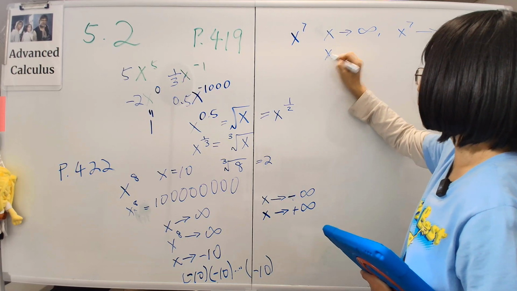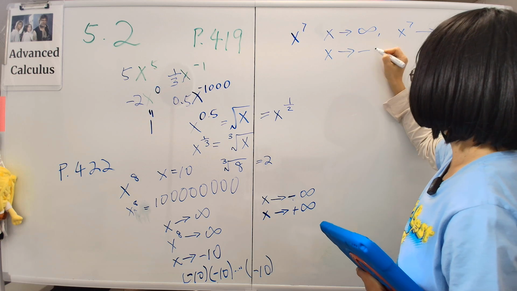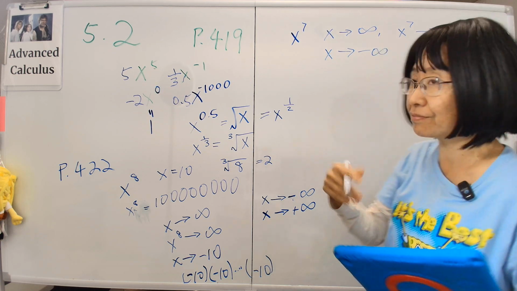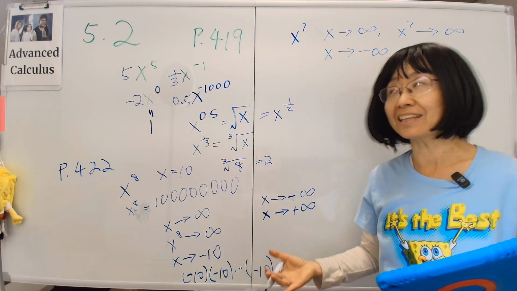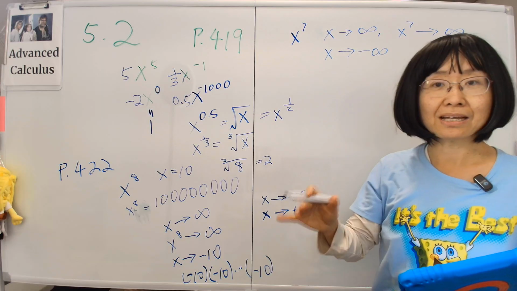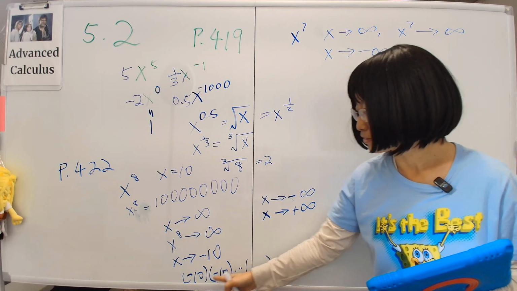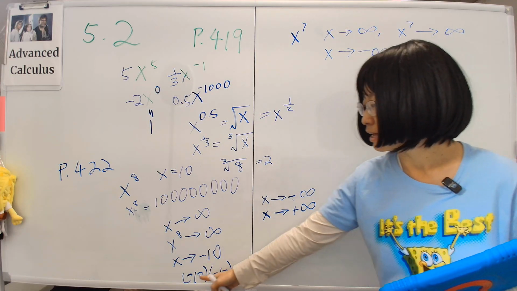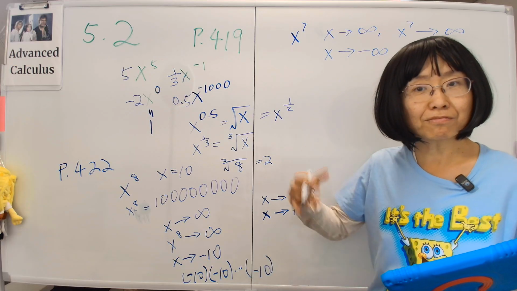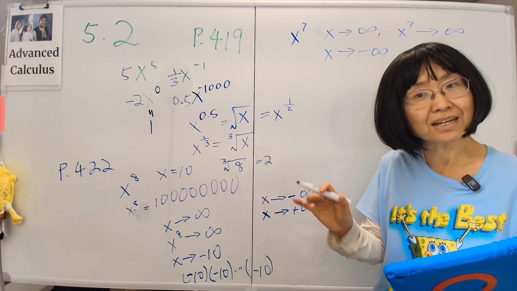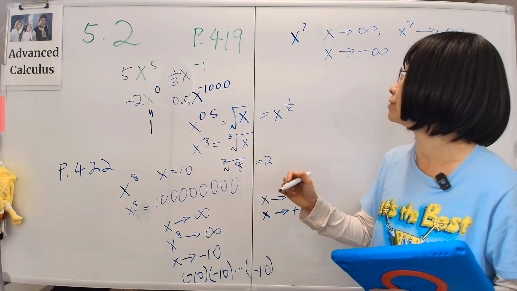But the question is, what happens when x becomes very negative, goes to negative infinity? Let's say x is minus 10. Imagine 7 of them multiplying together: you have 7 negative signs, 6 of them will cancel out, but there will be 1 left.